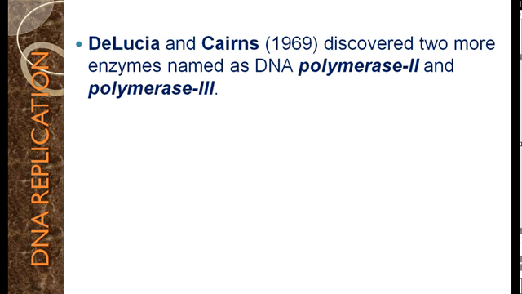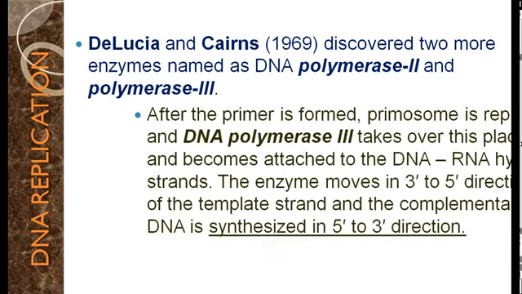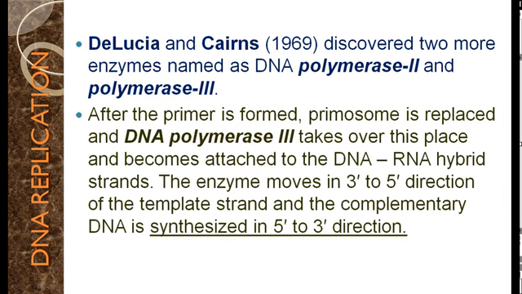Later on De Lucia and Cairns, in the same year 1969, discovered polymerase 2 and 3. After the primer is formed, primosome is replaced and DNA polymerase 3 takes over this place. Primer is removed, it means RNA synthesis stops.